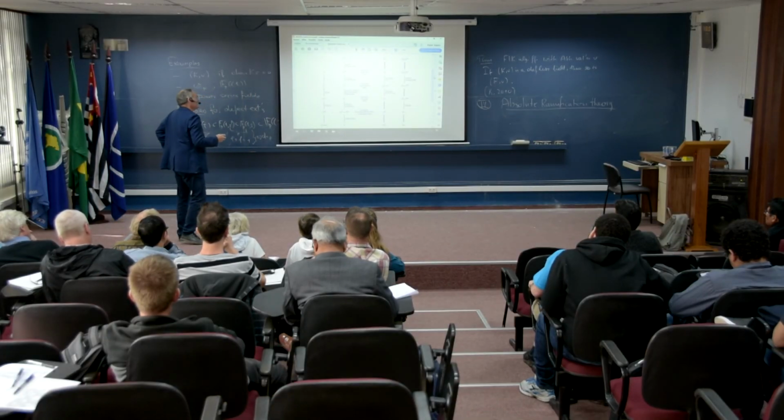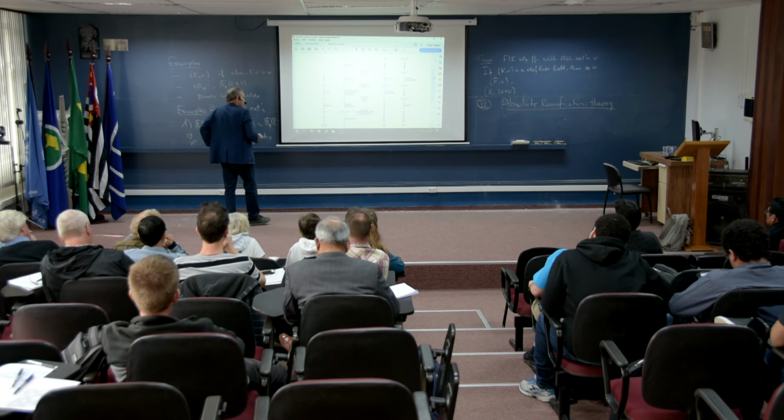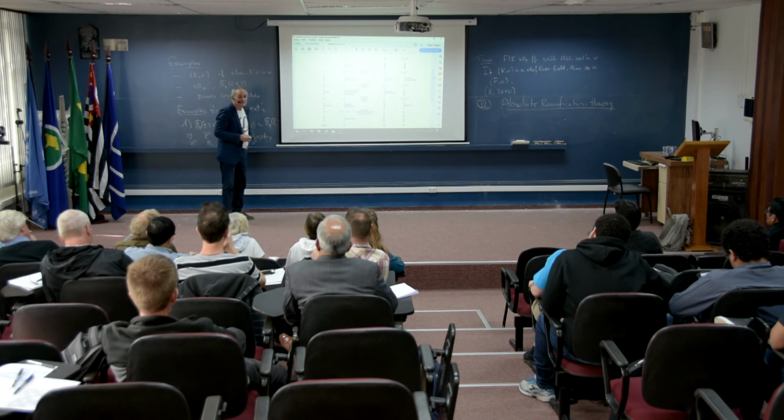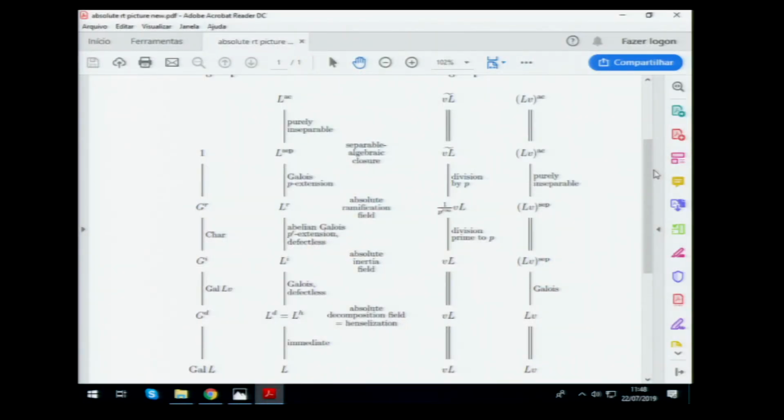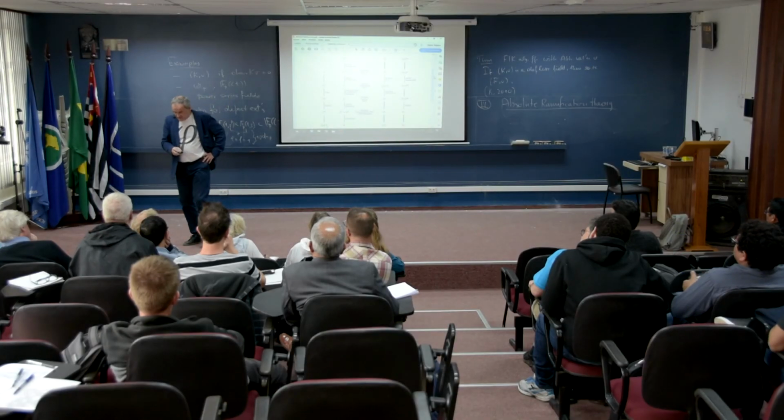Now, another thing: if you're a little bit familiar with the notion of tame ramification, up to here is all tame ramification, beyond that is wild ramification. We say this is the maximal tame extension of our L, and everything else is purely wild. And okay, we'll come back to that.